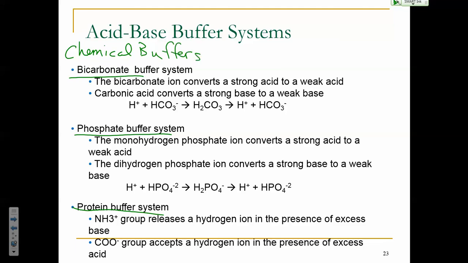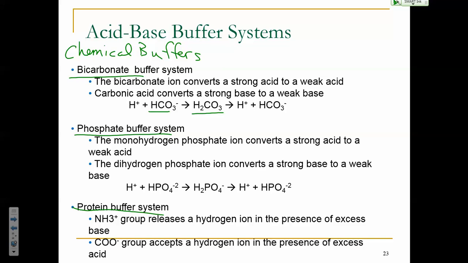Okay, chemical buffer systems. The bicarbonate buffer system obviously involves the bicarbonate ion, and the two chemicals of the bicarbonate buffer system are the bicarbonate ion and carbonic acid. So let's say your bicarbonate ion is one of these bases that very quickly combines with hydrogen.